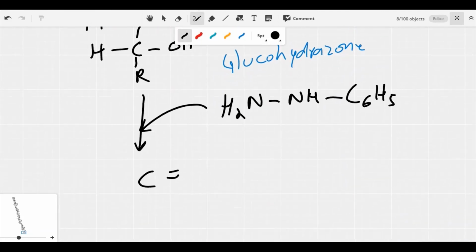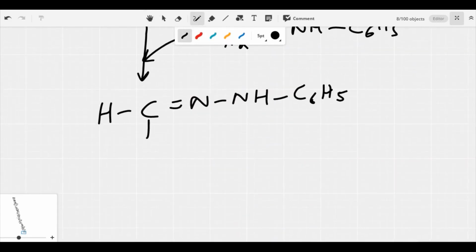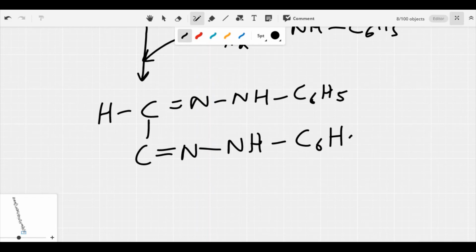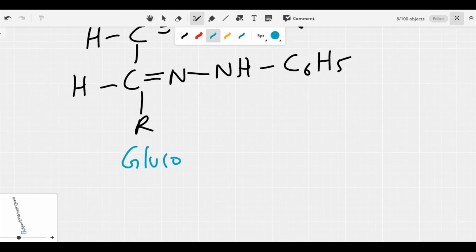The first group is the same, while at the next one there is again the addition of phenylhydrazine, and that product is known as glucosazone.